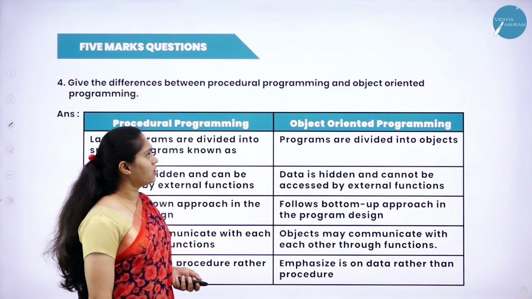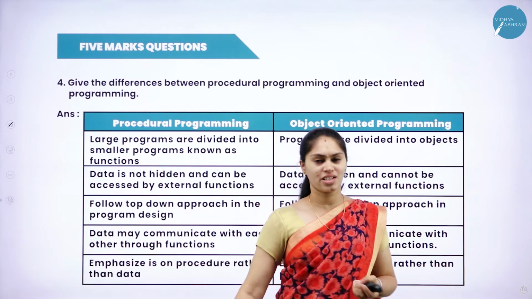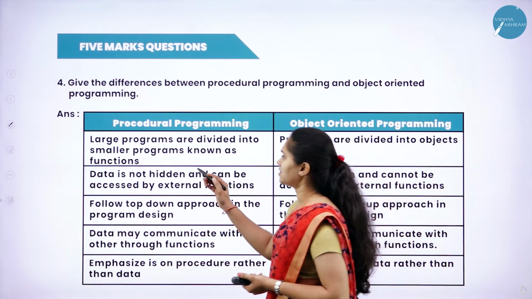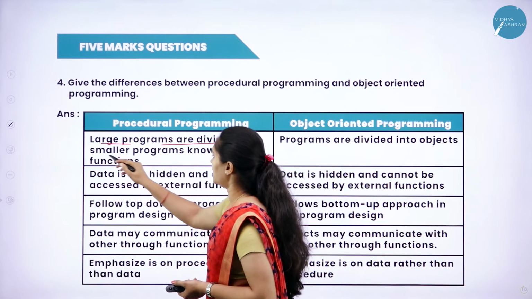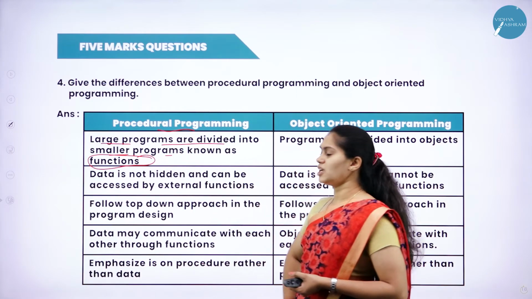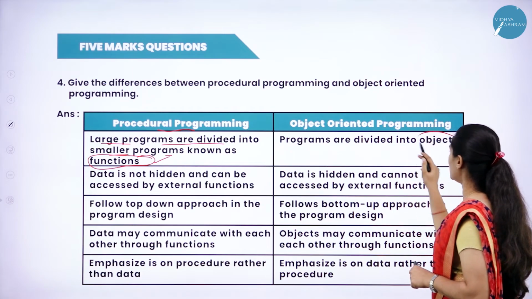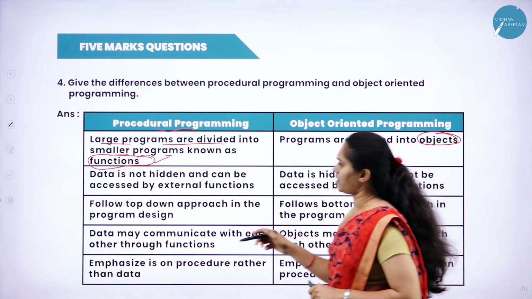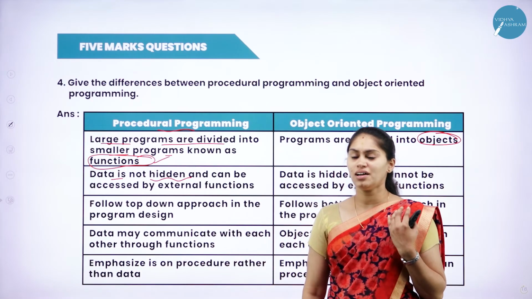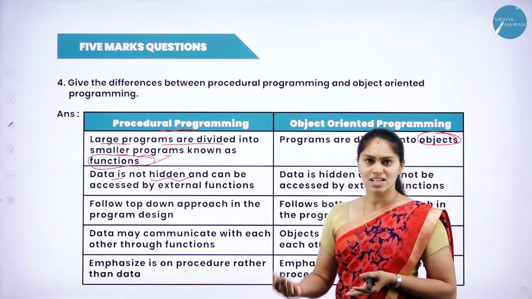I hope you understood. Next, you can see the difference between OOP and POP, that is procedural oriented programming and object oriented programming. In POP, large programs are divided into smaller programs known as functions, so it relies on the function, but here it is considered an object in OOP. Also in POP the data is not hidden, because we are not using any concept called visibility or access mode.